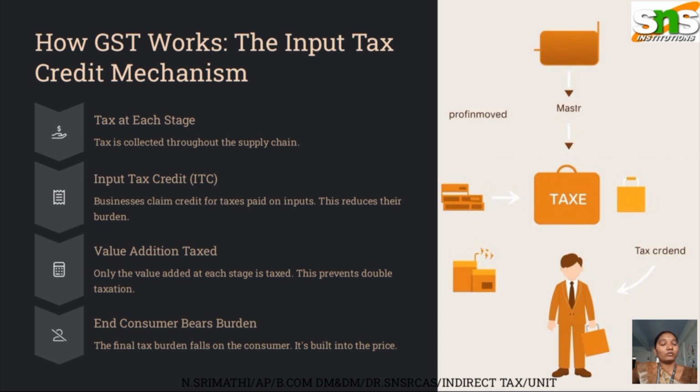The proprietor manufactures the product, then the wholesaler also has to pay the tax amount, and the retailer also pays the tax amount, and the final consumer also has to pay the tax amount.